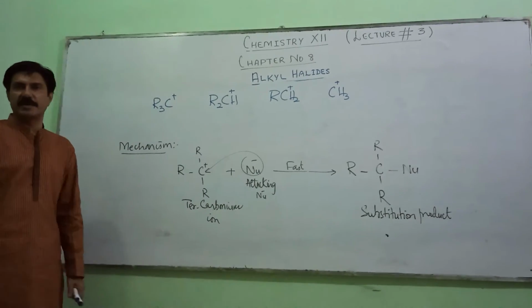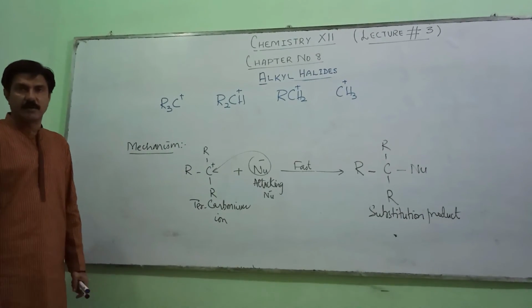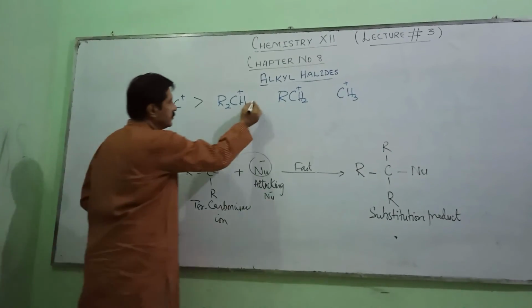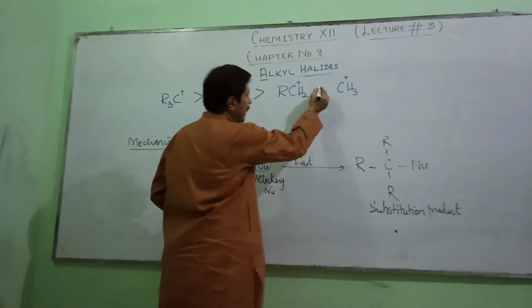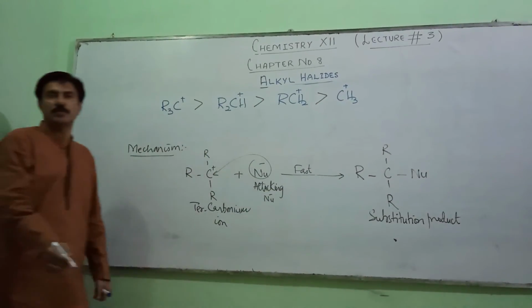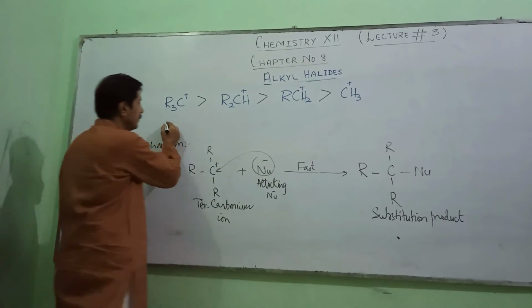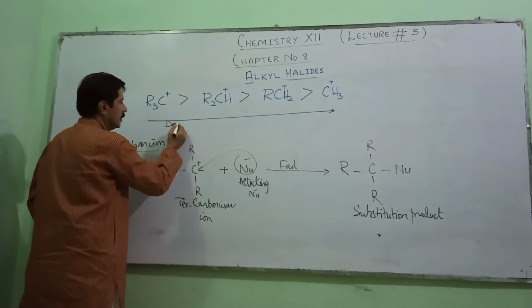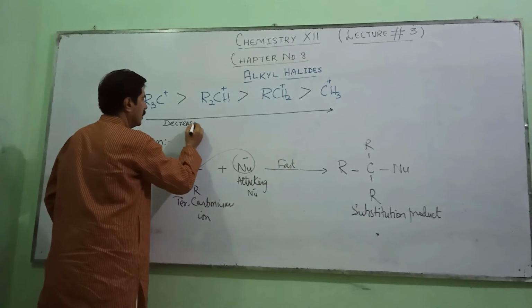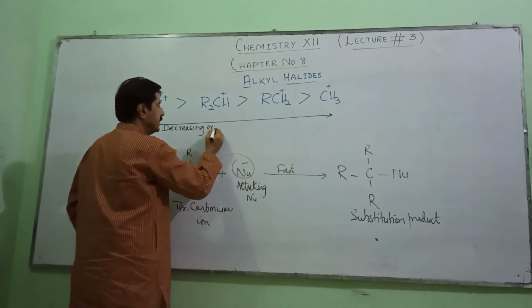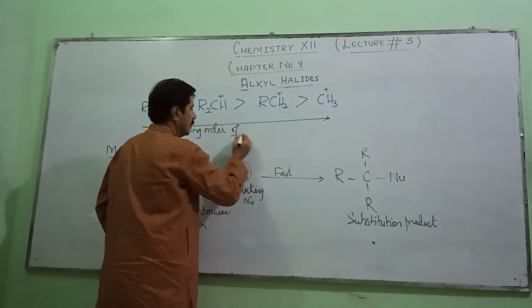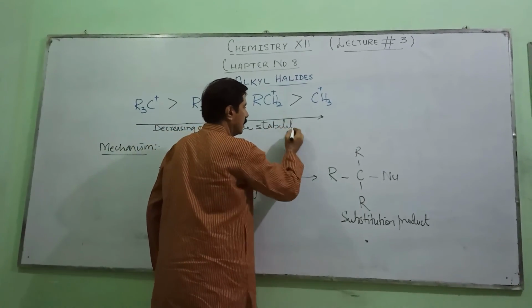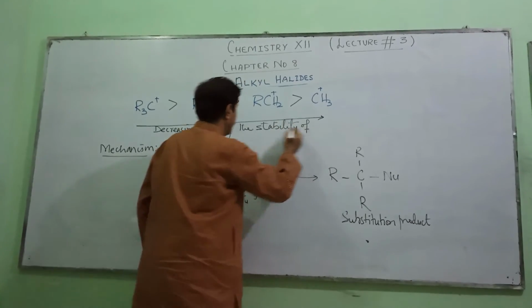So you must remember here that the stability decreases from tertiary carbonium ion to secondary, secondary to primary, and primary to simple methyl group carbonium ion. This is the decreasing order of the stability of carbonium ions.